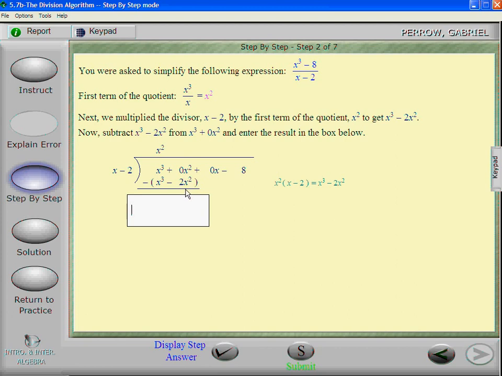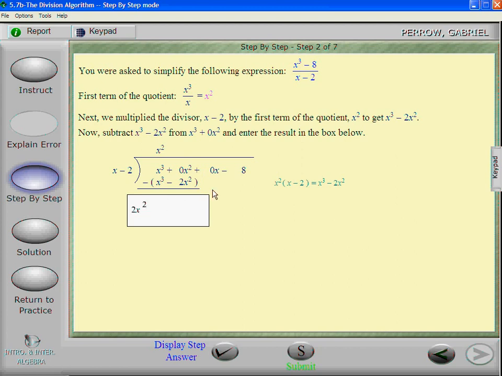Okay, there's a place for this squared term to go. So with the negative distributed, this would be a negative x cubed. That would cancel with the positive x cubed like it should. This guy will be a double negative, so you're going to end up with a positive 2x squared combined with 0x squared, which is a positive 2x squared.